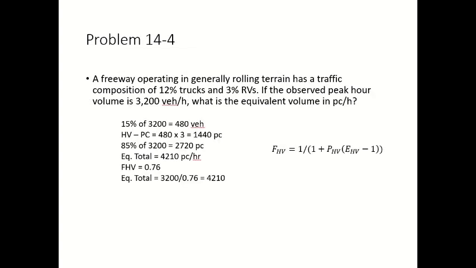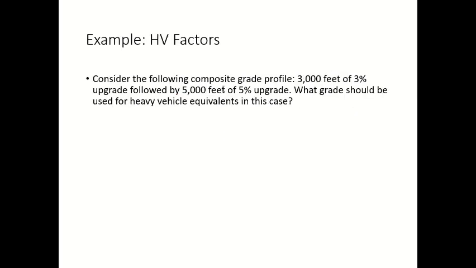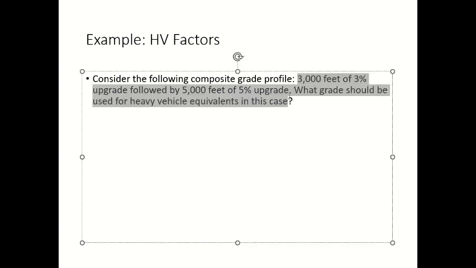Because if I go to the table, I need one value here, right? But if I have, for example, like they have given 2 values, 3% and 5%, what should I do in that case?